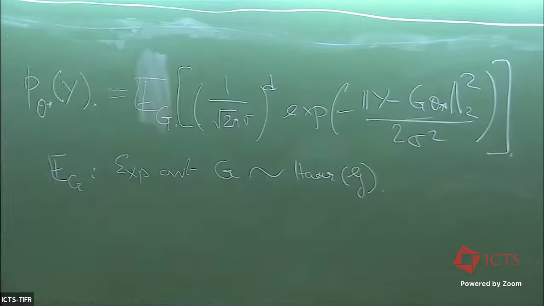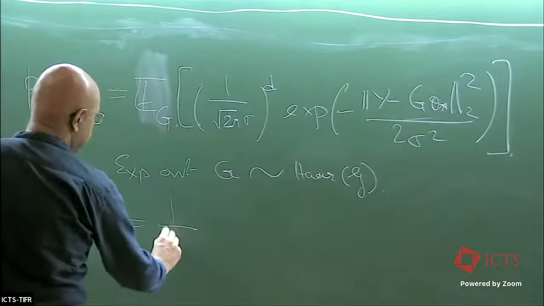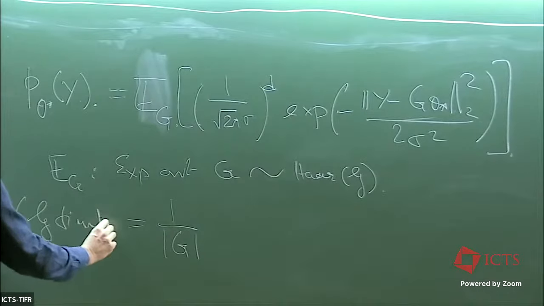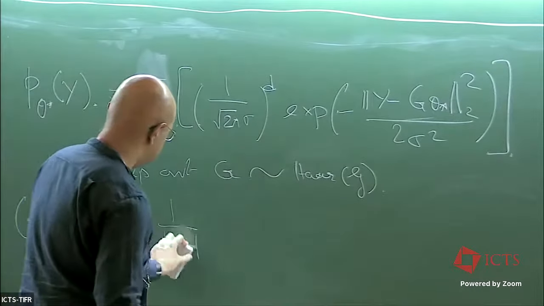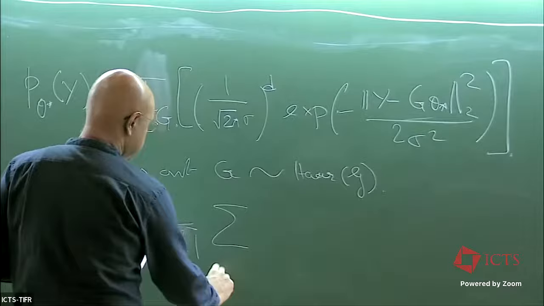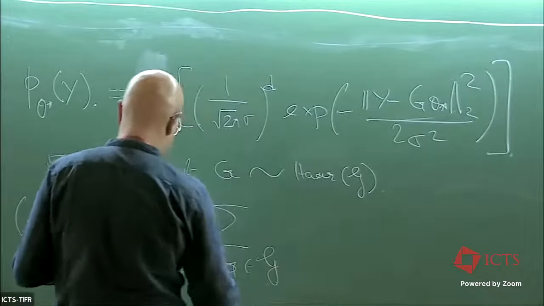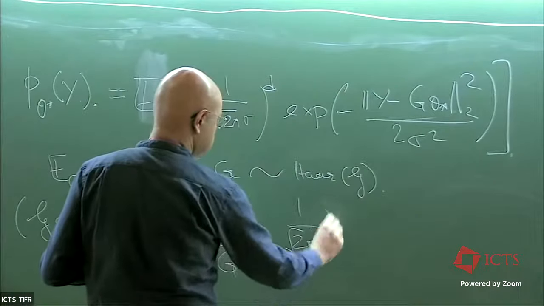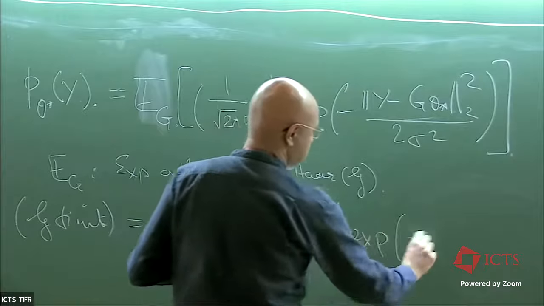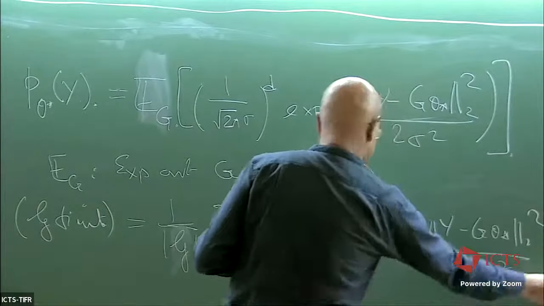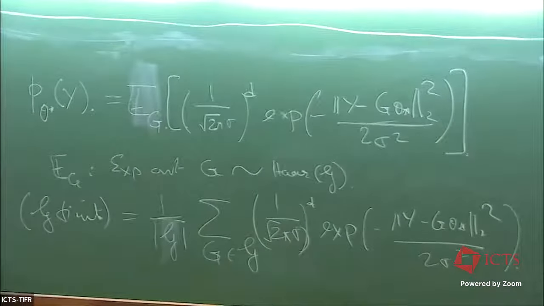So it is the uniform measure on the group script G. And in the setting of key importance to us, if G is finite, then this is 1 over the cardinality of G, summed over g in script G, this quantity. Okay. So far so good.